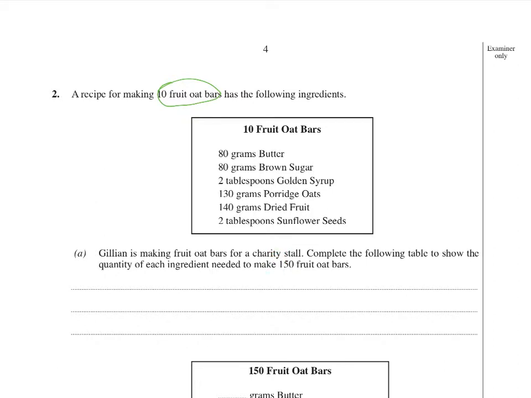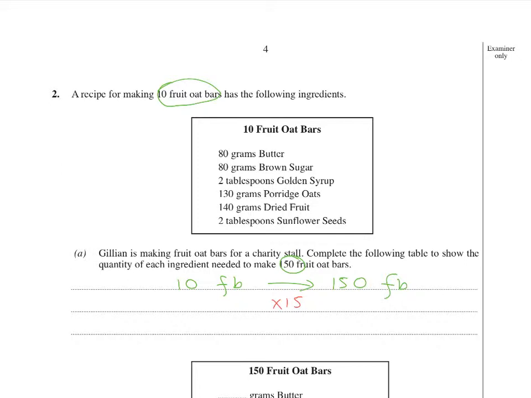So I need to try and find some link between 10 fruit bars, so I'll call that FB, fruit bars, to get it to 150. So it's obviously an awful lot more than the 10. What I'm actually doing is timesing by 15 because 10 times 15 is 150. So basically, what I need to do is times every single ingredient by 15.